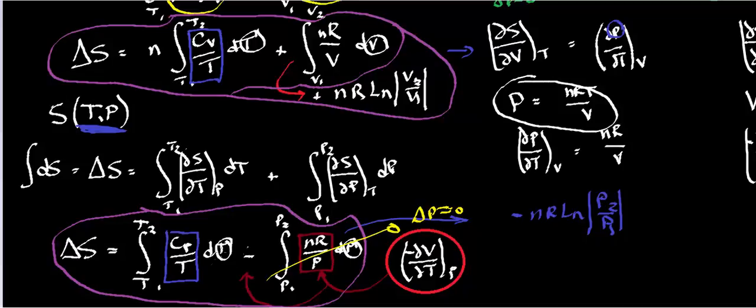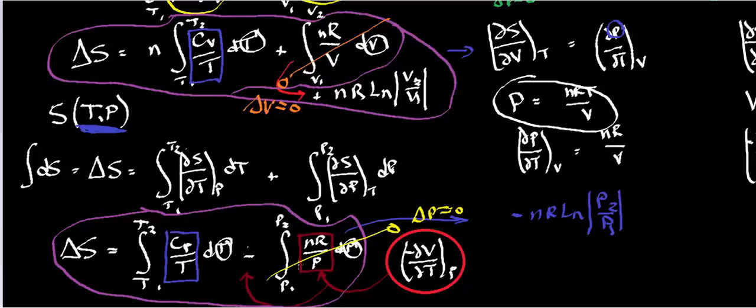Because if I use the bottom one, there's no place for dV to go to 0, which means I have to evaluate both of these integrals. However, if I know that dV is 0 because it's isochoric, then this integral cancels, and I only have to evaluate one integral, this heat capacity integral right here. That greatly simplifies it versus having to do two.